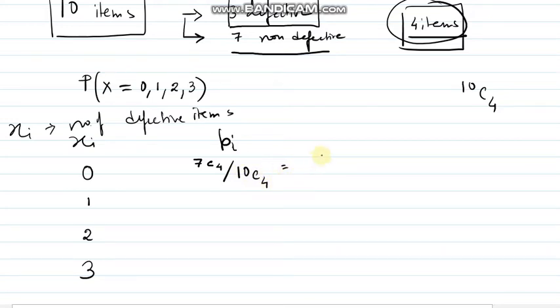If I calculate this, I get 1 divided by 6. Now, second case, 1 defective item. So 1 defective item is coming from the 3 defective items, and the remaining 3 items are coming from the 7 items. So the probability of this will be this divided by 10C4, which equals 1 divided by 2.